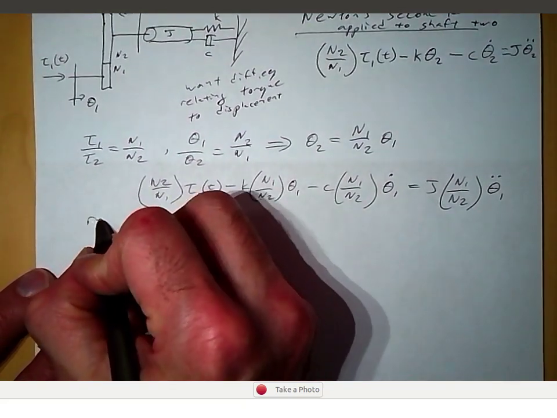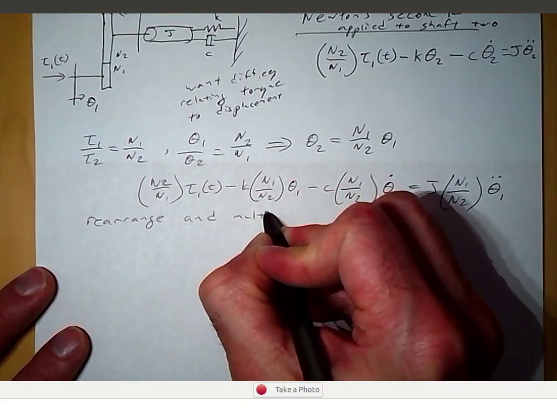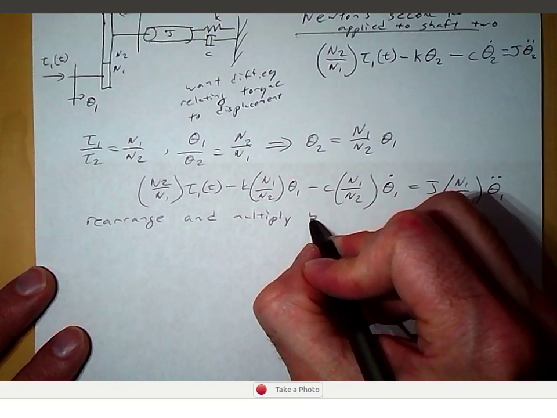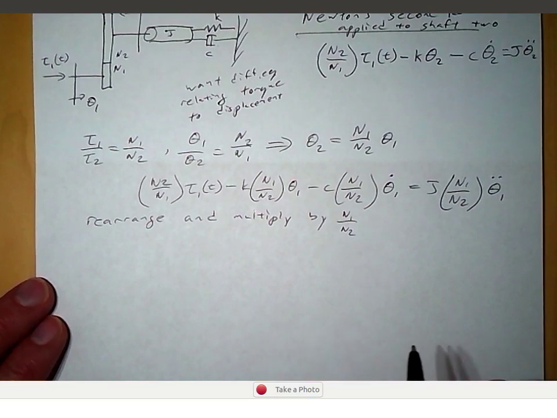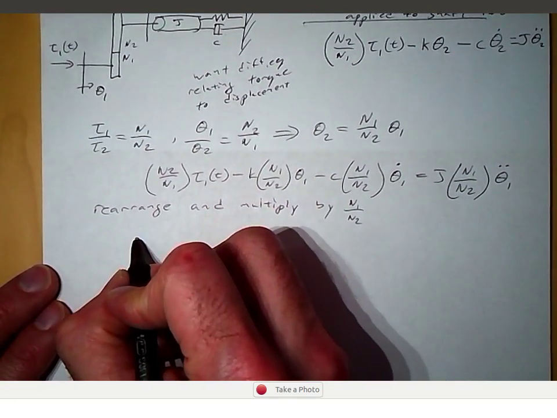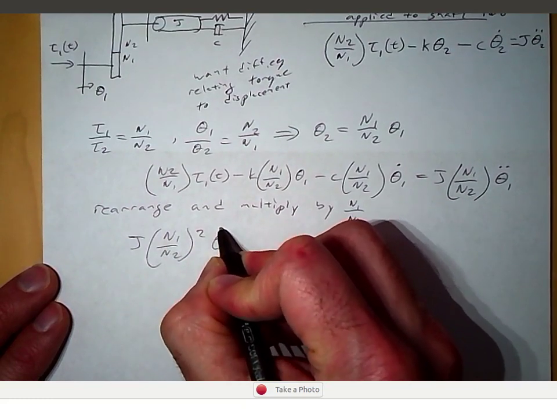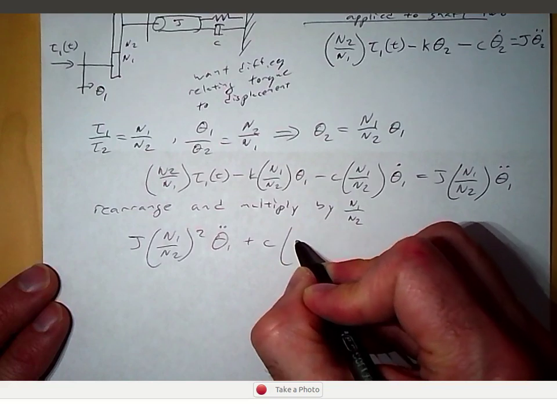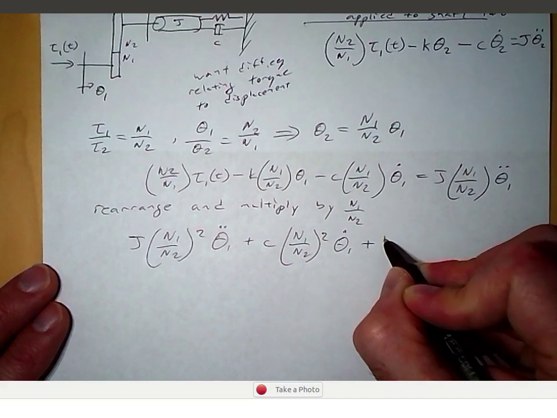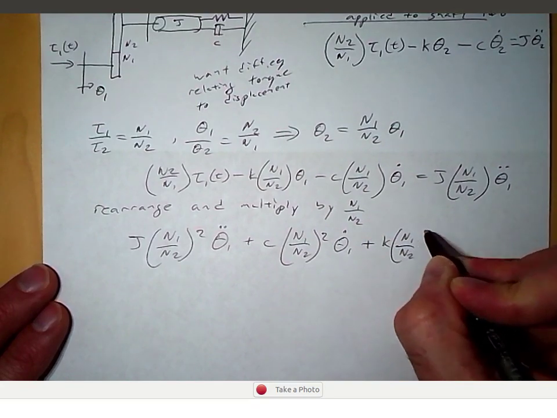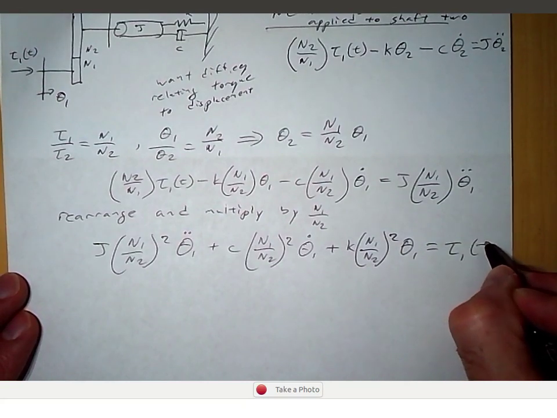And we can rearrange and multiply by this ratio to get our differential equation. So we have J times N1 over N2 squared times theta 1 double dot plus C times the same factor N1 over N2 squared times theta 1 dot plus K times N1 over N2 squared times theta 1, and that's all equal to our torque tau 1 of t.